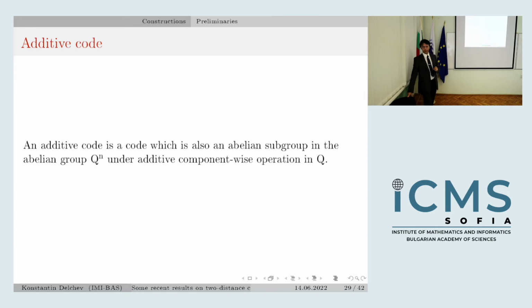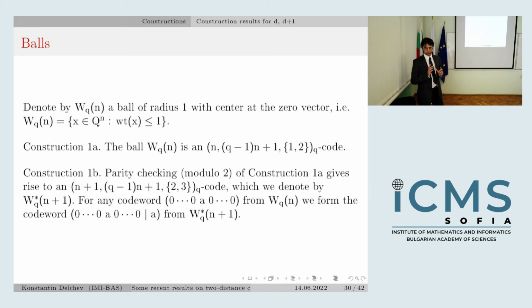Something that we'll note very briefly: an additive code is a code which is also an abelian group in Q^n under the component-wise operation. So knowing this, let's look into the various constructions that we arrived at during our study of this topic. Most of them are well known or are various modifications, some might say mutilations, of existing constructions.